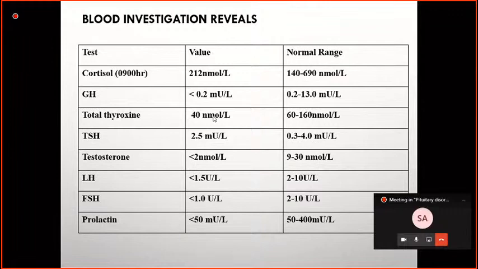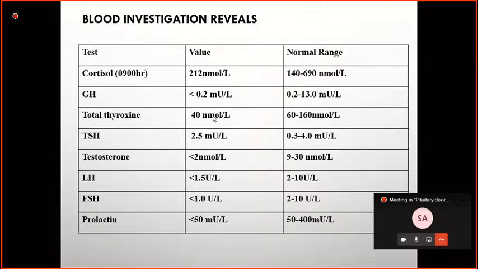Okay, so this is an example of hypopituitarism. In fact, almost all of the pituitary hormones are low in this case, except for thyroxine.